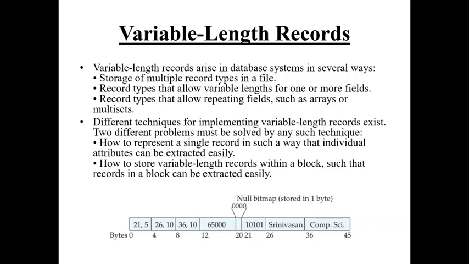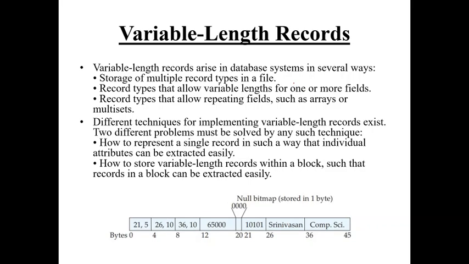Fixed length records always produce internal fragmentation. To remove this problem, we can go for variable length records. Variable length records have different kinds of advantages, like storing multiple record types. If the record types include integer and varchar, we know that varchar supports variable length data.